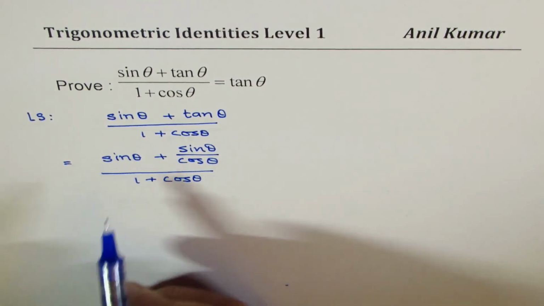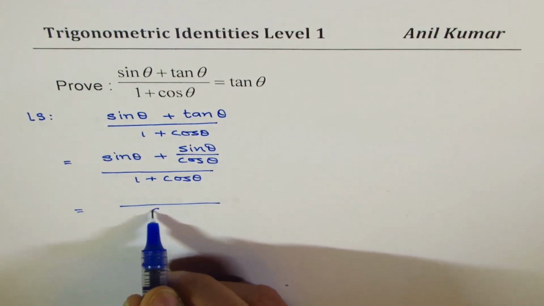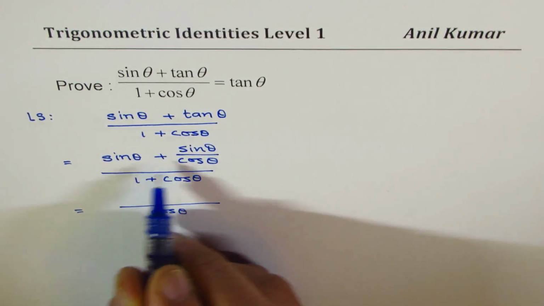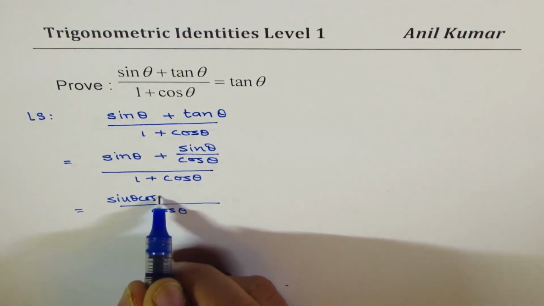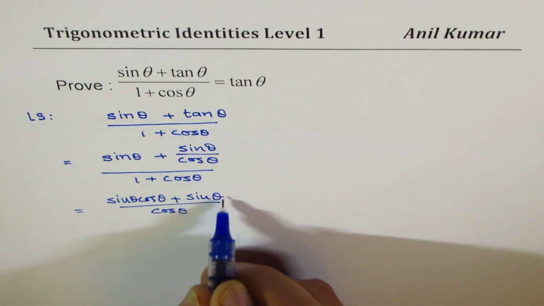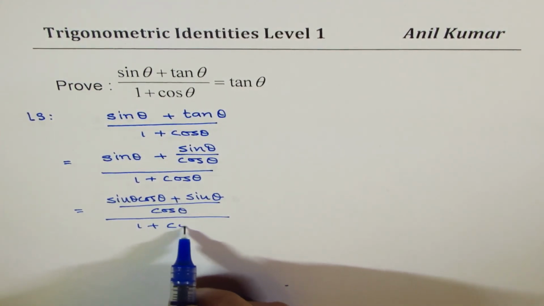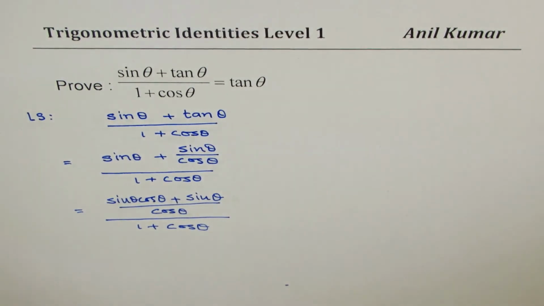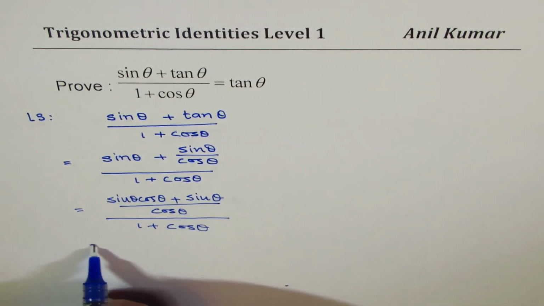Now we can take a common denominator of cosine theta in the numerator, and we get sine theta cos theta plus sine theta. In the denominator, we have 1 plus cos theta. Now we can take sine theta common, right?